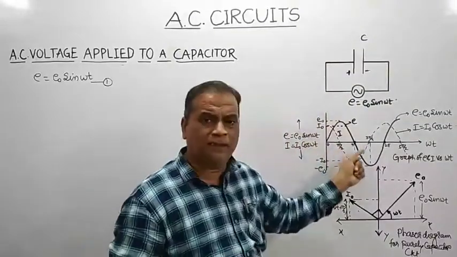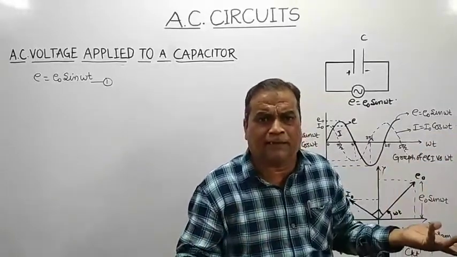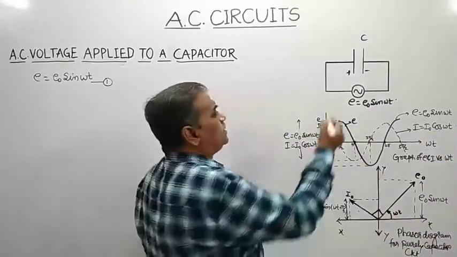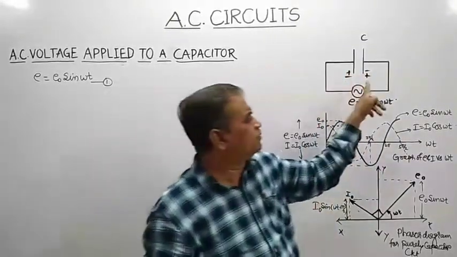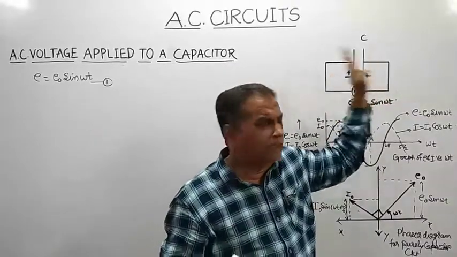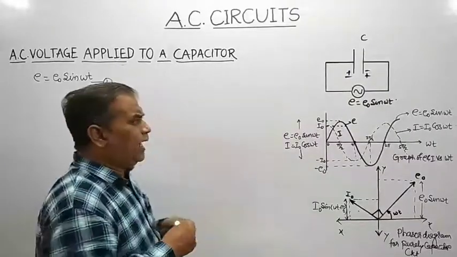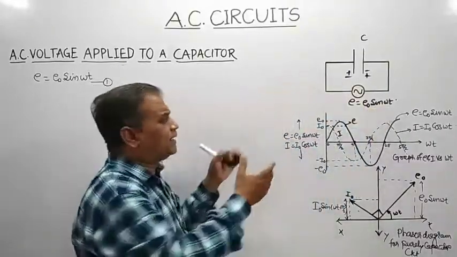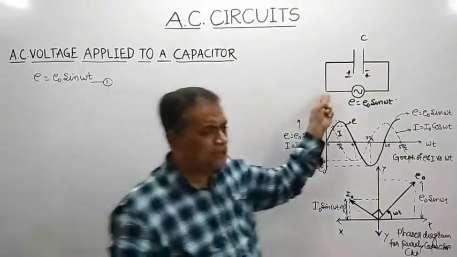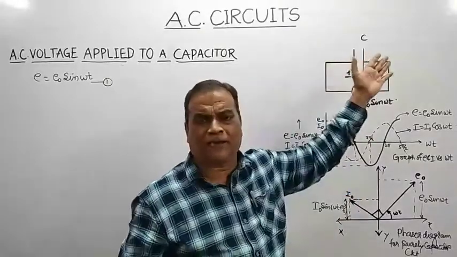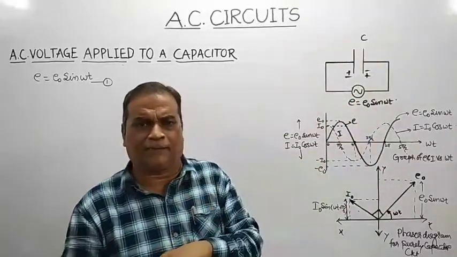After half a cycle, as the current reverses its direction, instead of positive charges on this plate, there must be a deposition of negative charges, whereas positive charges must be deposited on the opposite plate. So remember, as we apply a source of alternating EMF across a capacitor, current starts flowing, meaning charge is transferred to the plates of the capacitor, which produces a potential difference across it.